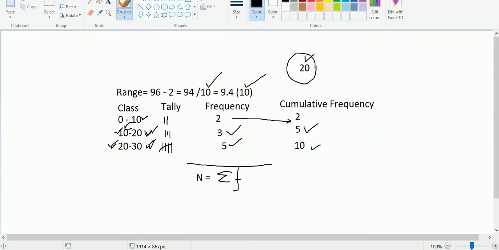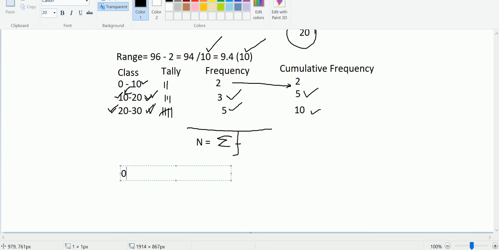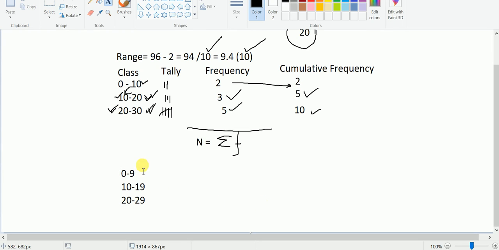So in our case, it is to be made like this: 0 to 9, then 10 to 19, then 20 to 29. This is what I call an inclusive series.